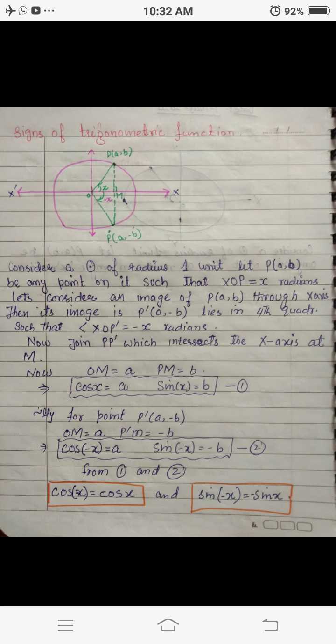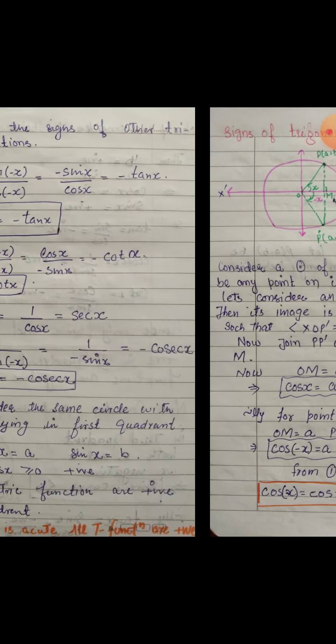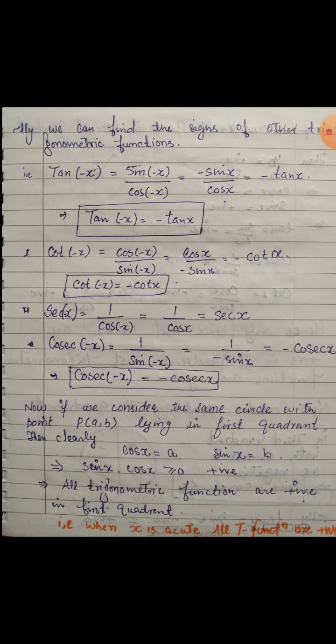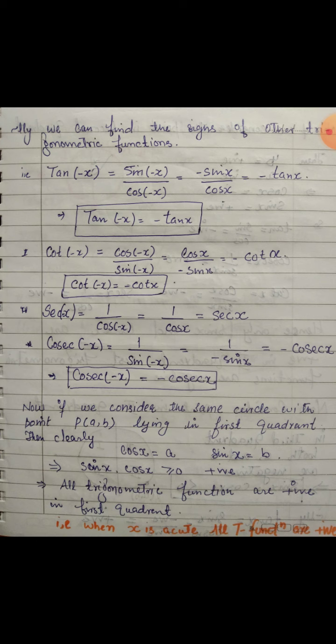In the first quadrant the angle is acute, that is, its measure is from 0 to 90 degrees, and for this point both a as well as b are positive, because x and y coordinates are always positive in this quadrant. So cos x equals a, because we are considering the circle with radius equal to 1 unit.